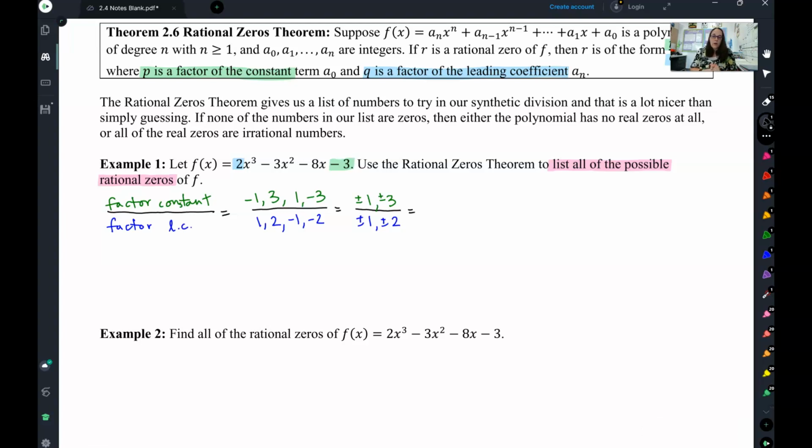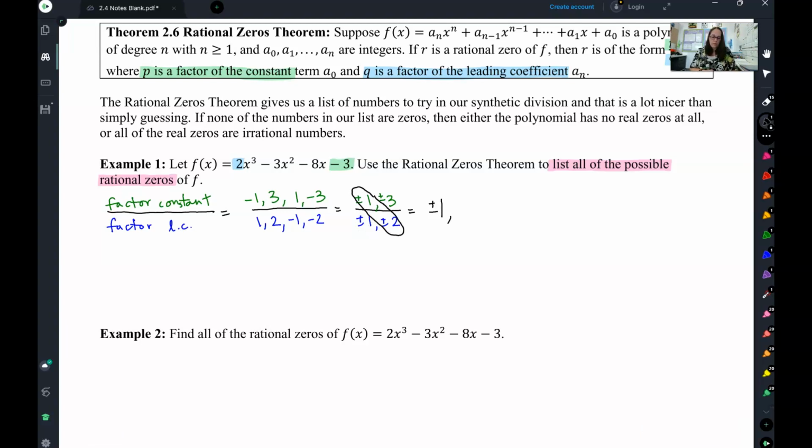So now that we've got our factors listed out, we can list our possibilities. Our first possibility is plus or minus 1 divided by plus or minus 1. If I had a plus 1 divided by a plus 1, that gives me a positive 1. If I had a positive 1 divided by a negative 1, that gives me a negative 1. So plus or minus 1 divided by plus or minus 1 gives me plus or minus 1. Next, let's stick with the 1, but now divide it by the 2 instead.